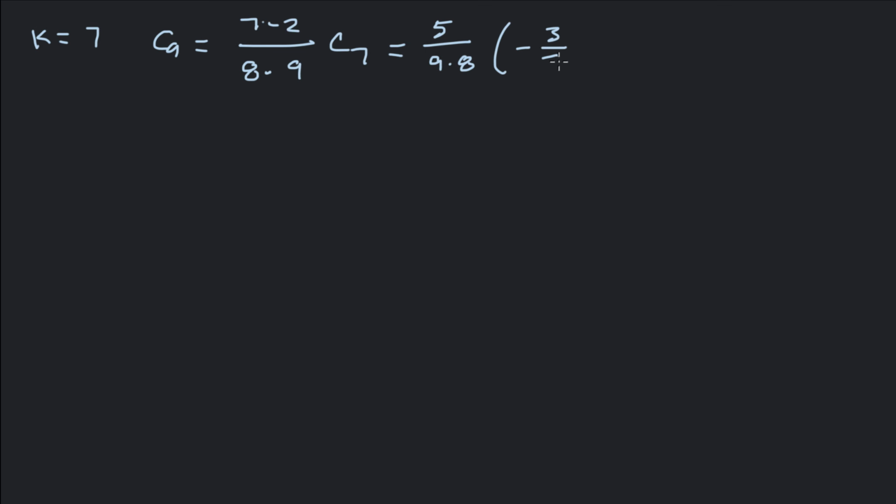If we plug in k equals 7, we'll get C9 is equal to 7 minus 2 over 8 times 9 times C7, but that's equal to 5 over 9 times 8 times negative 3 over 7 factorial C1. And that can be written as negative 5 times 3 over 9 factorial C1.